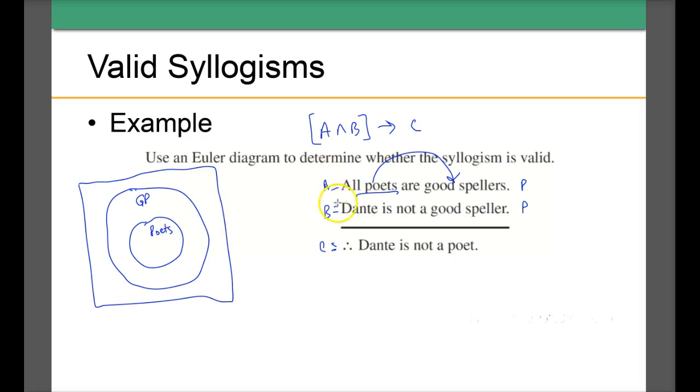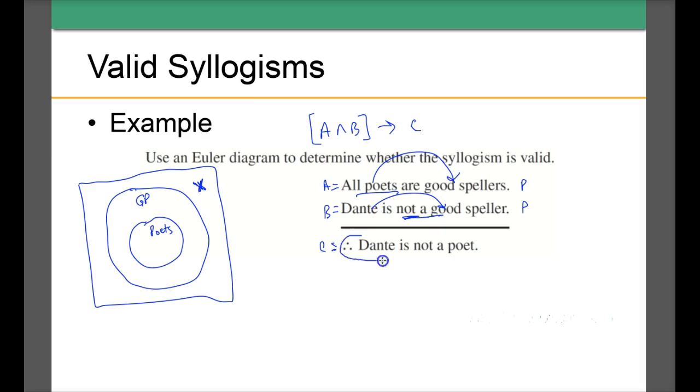Now, we're saying that Dante is not a good speller. So since Dante is not a good speller, he has to be outside this set. So this is a place where he can be. Now we know he can't be in here, and he won't be able to be inside the poet set either, because poets have to be good spellers.